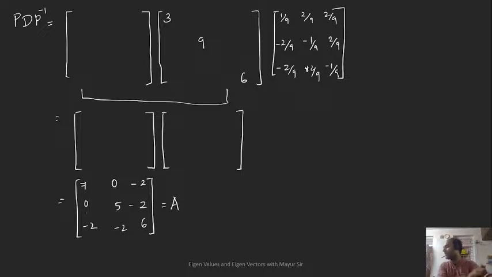Now let us quickly take up the next question, in which the whole process is going to change entirely. We will have repeated eigenvalues, and things are going to change drastically.